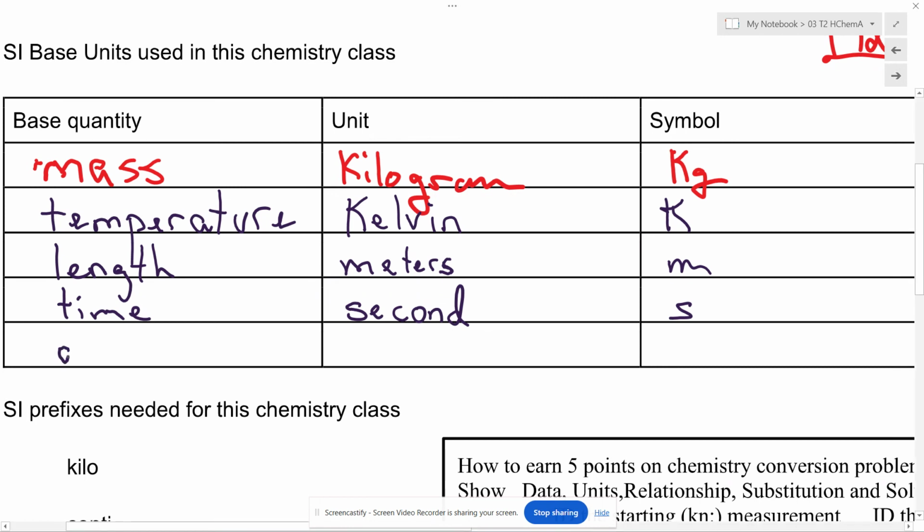And that is a measure of amount, like number of things. The mole.